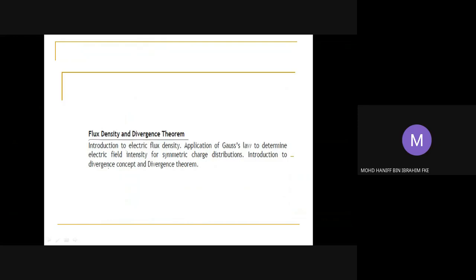So the content in this chapter 3 will be as follows. The first one, we're going to introduce the students to the concept of flux and flux density. Number 2, once you have understood the concept of flux and flux density, I'm going to bring you further to understand the concept of Gauss law, in which we're going to use the Gauss law in calculating the E field intensity for a case of symmetric charge distribution.